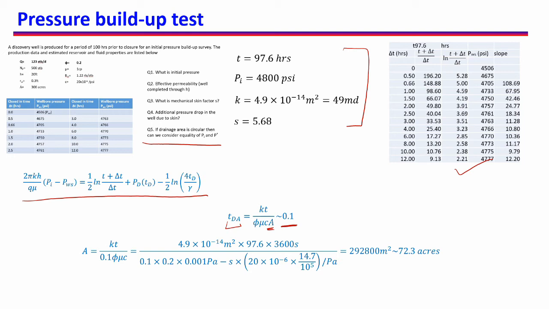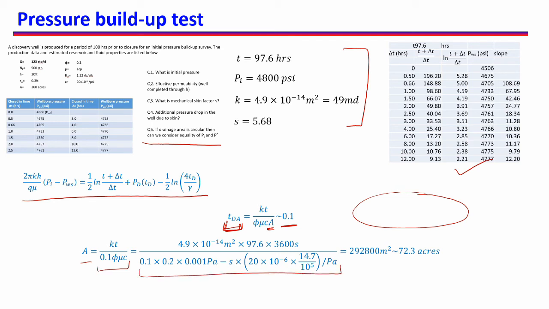So using this, when will TDA become 0.1, we can find out the drainage area, which can be circular for symmetry, that at what area we will change to pseudo steady state. Using this we can find area to be this quantity, and we can use all the values.